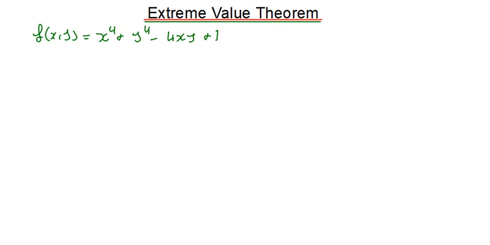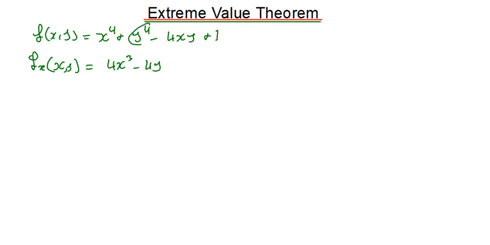To determine the critical points, you have to determine your partial derivatives, both with respect to x and with respect to y. So my partial derivative of that function with respect to x is 4x^3 - 4y.